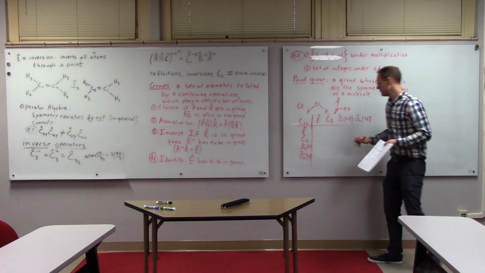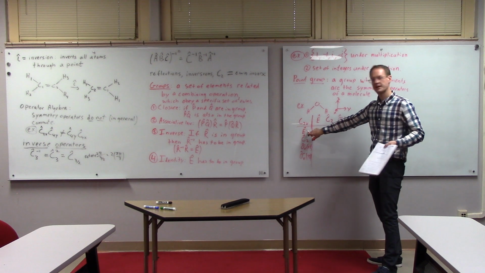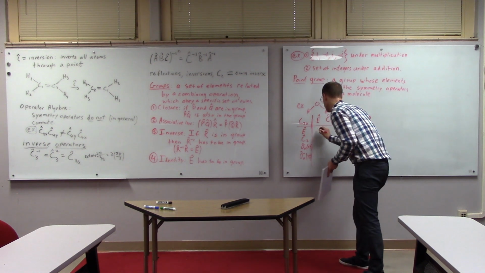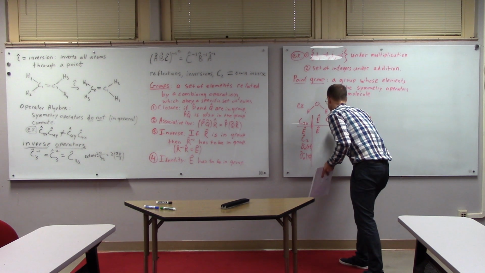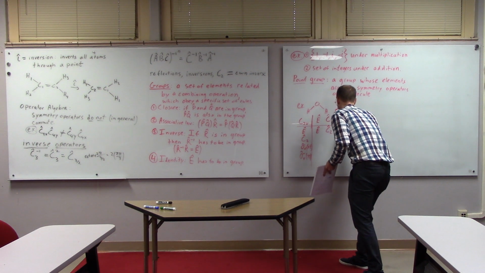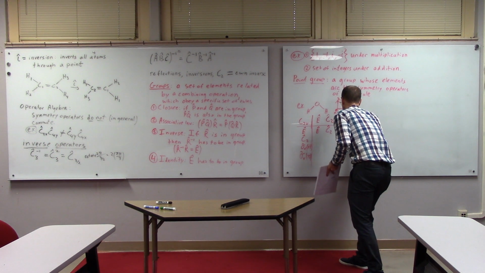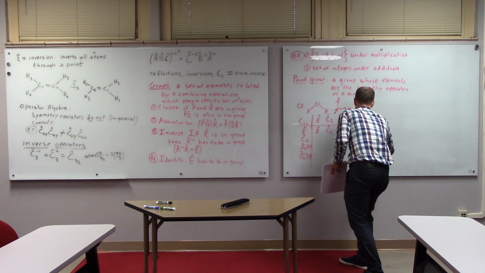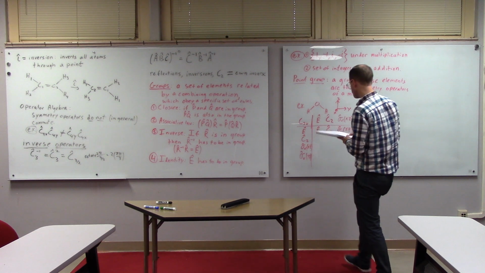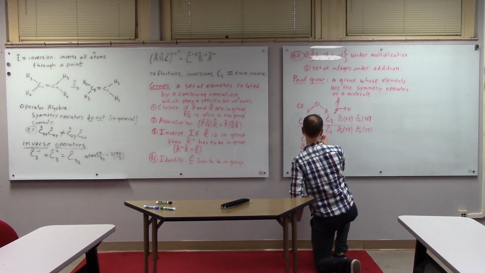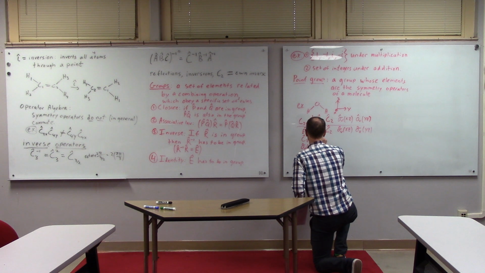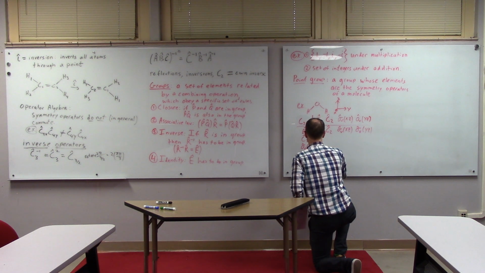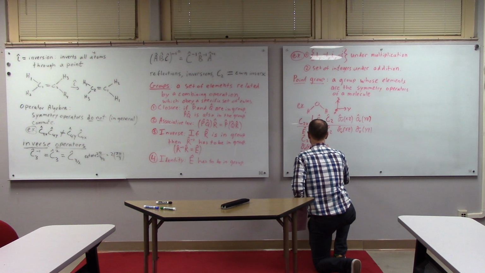Then basically if you take any operator and then operate identity, you get that same operator. And the same applies along this column. You're also just going to get C2, sigma V XZ, sigma V YZ.